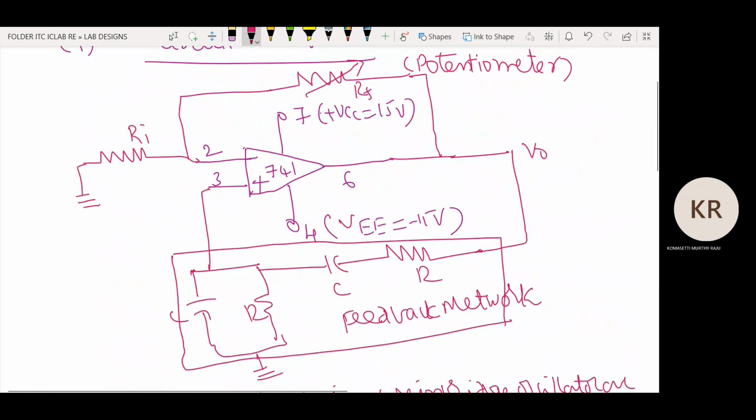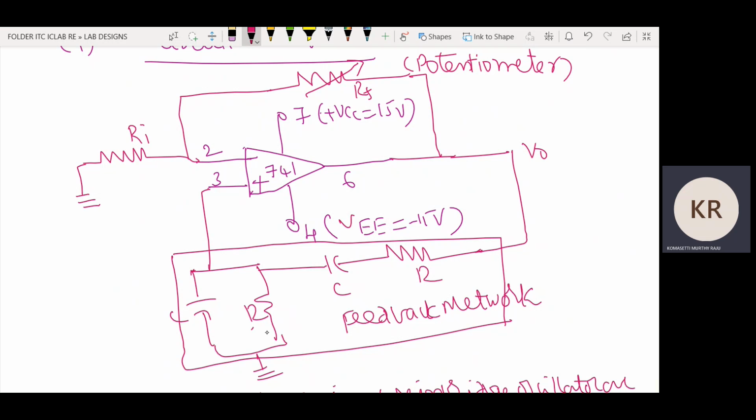This is the feedback network, consisting of a series connected R and C, and a parallel connected R and C. The series connected RC network is called the lead network. The parallel connected RC is called the lag network.